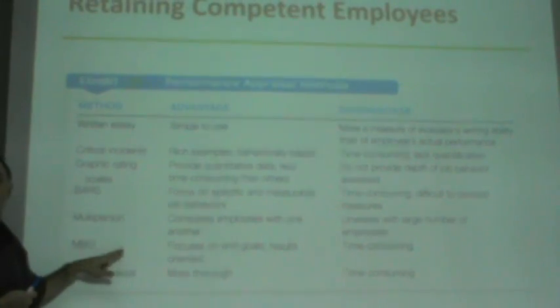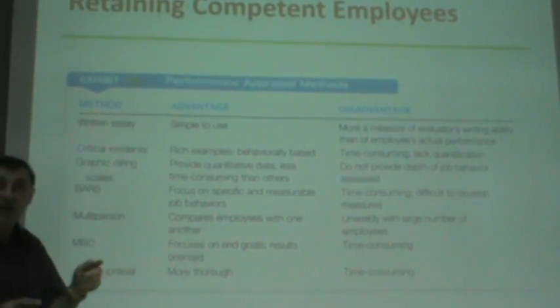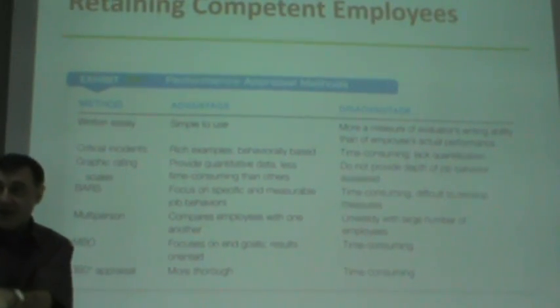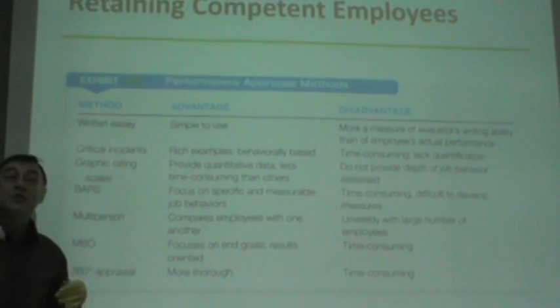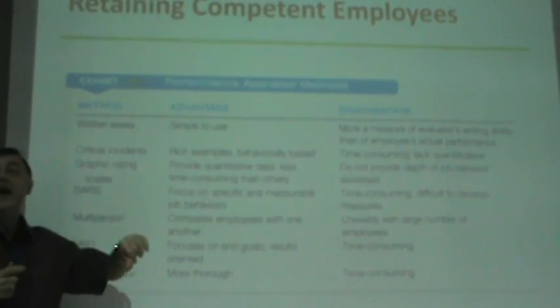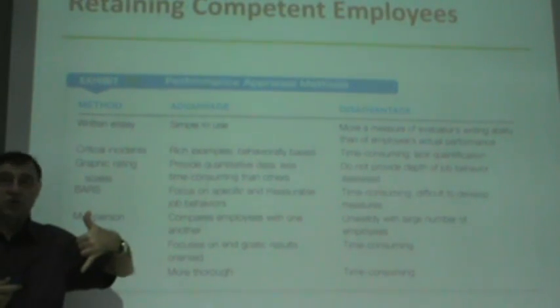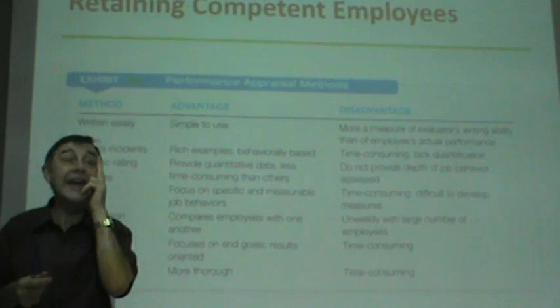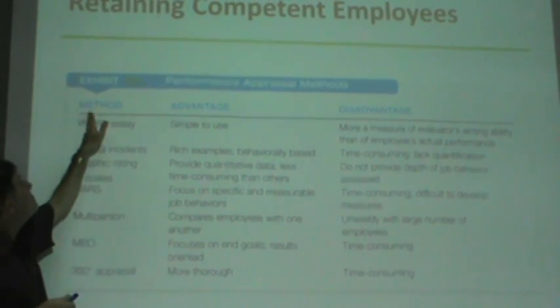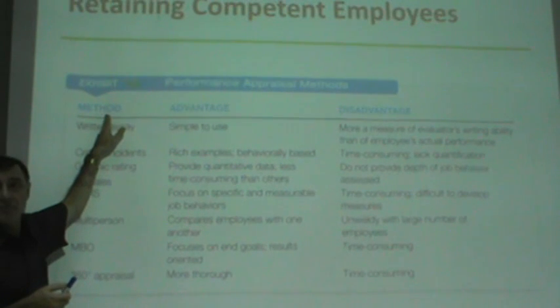The point I'm trying to make is that you may have different forms of evaluation, and if you evaluate one way, the employee could look excellent, and if you evaluate the other way, the employee could look terrible. And the opposite could be true. So you have to be very careful which method you're going to use and what will be the actual criteria.